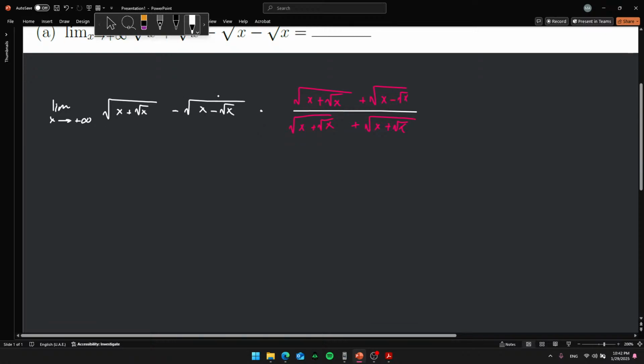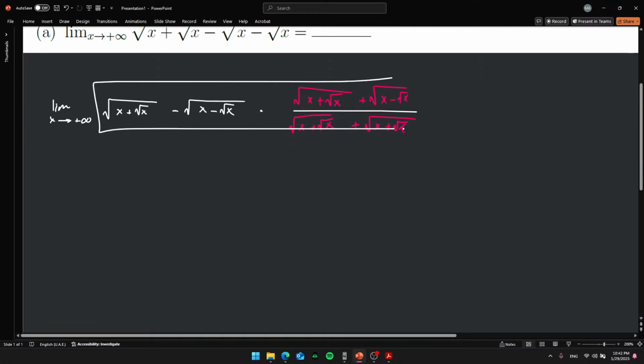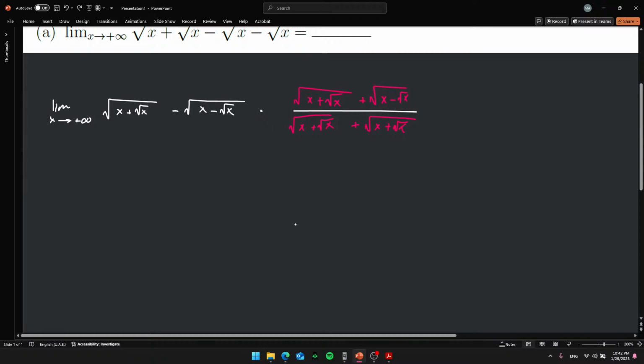Okay, so for the numerator, we can simplify as a square minus b square. This is a, this is b. So x plus root x, minus x minus root x.